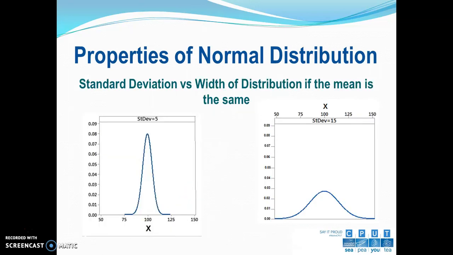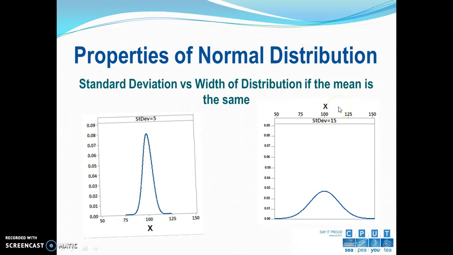Standard deviation versus the width of distribution if the mean is the same. The standard deviation is a typical difference between each data point and the mean. In the example in front of us, we'll see that in both images the mean is equal to 100. So let's look at the graph on the left-hand side.